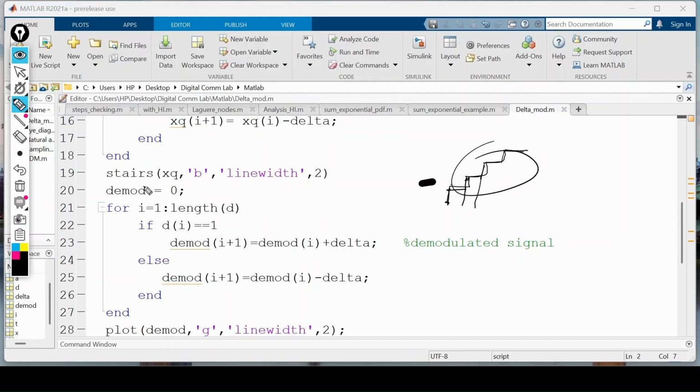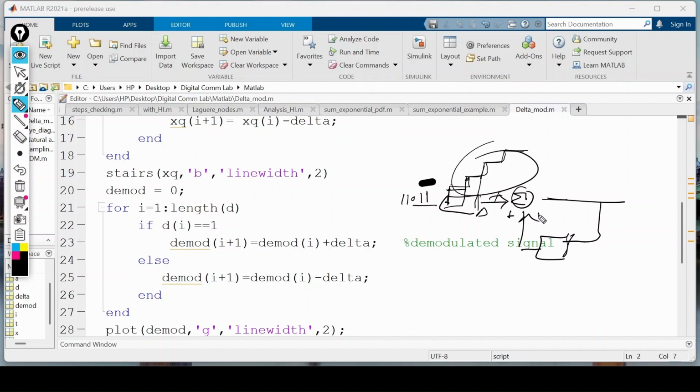Then demodulation equals 0. When you see the demodulation part, it is delta or minus delta. Before this there is a decoder, and before this there is 11001, and this is the summation. Here you will see this is plus, and here is the delay part. So demodulation equals 0.